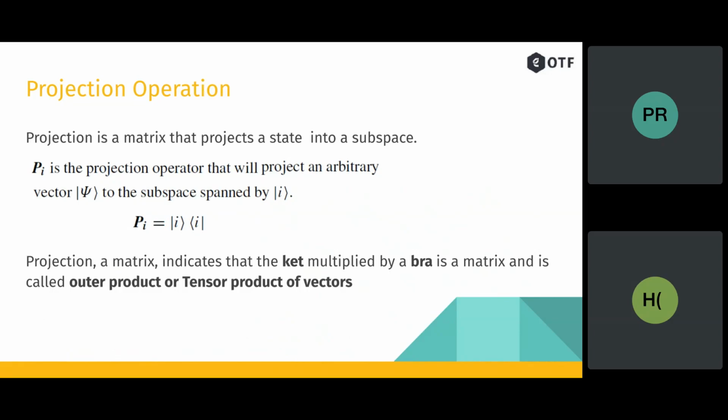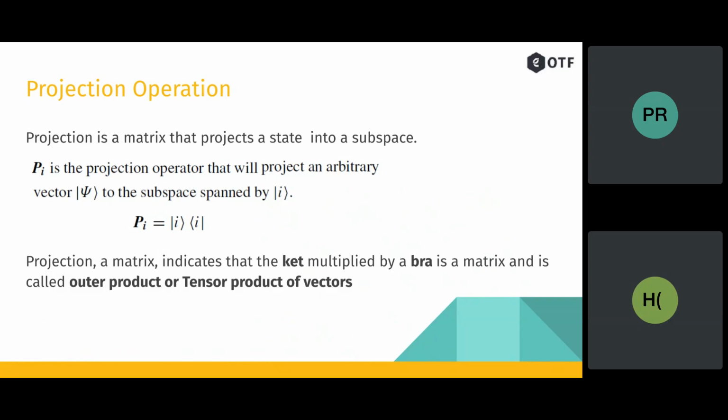In this case, this is shown not as an inner product, but as a projection operation shown for the outer product. So if you have ket i, which is in a state space or a vector space of n dimension, then we are taking an outer product.